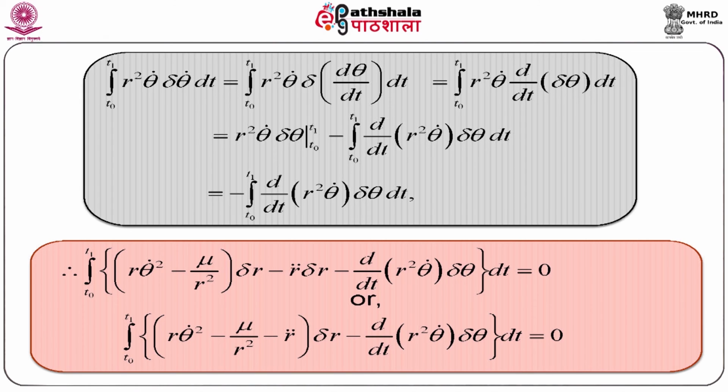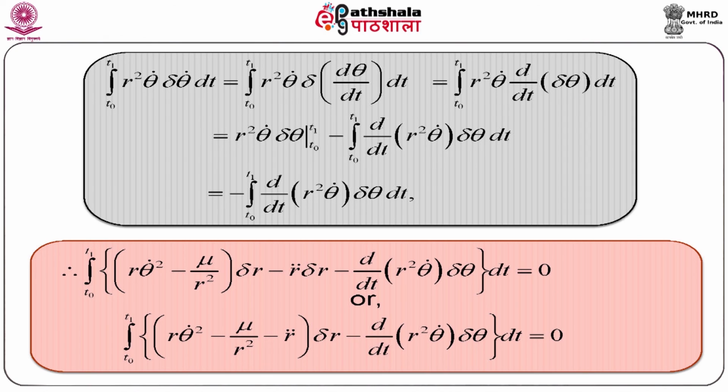Again, integration T0 to T1 r square theta dot delta theta dot dt equal to integration T0 to T1 r square theta dot d dt of delta theta dt equal to r square theta dot delta theta taken at the points T0 and T1 minus integration T0 to T1 d dt of r square theta dot into delta theta dt.